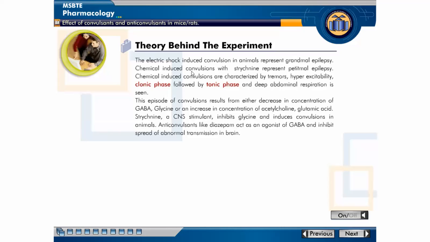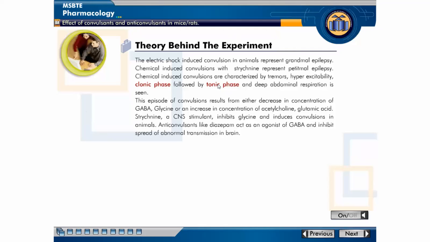The next one, chemical induced convulsion, means convulsion produced in the animal with the help of chemicals, meaning chemicals are injected into this animal and convulsions are produced. Such type of epilepsy is known as petit mal epilepsy. Strychnine is used to produce the convulsion.